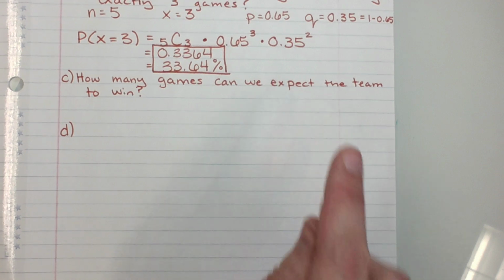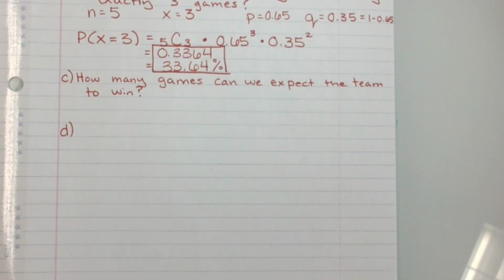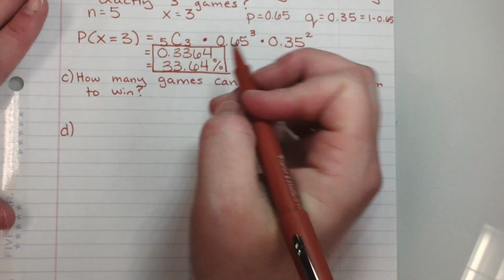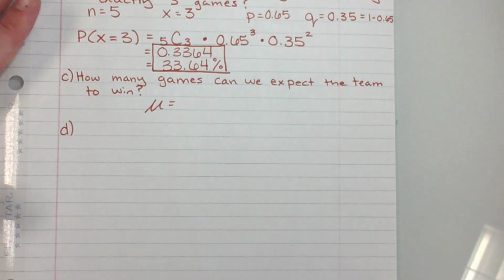That's the keyword. Expect. I'm looking for expected value, also known as probability mean. Isabel, what's the variable for probability mean? Mu. You could argue it's E of X as well, but generally it's mu.